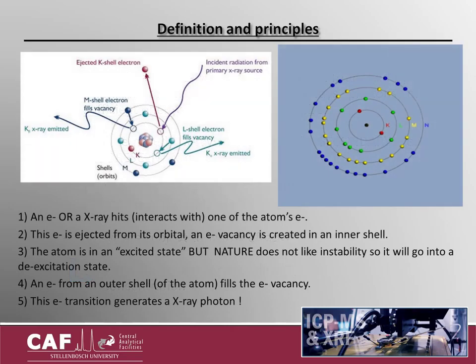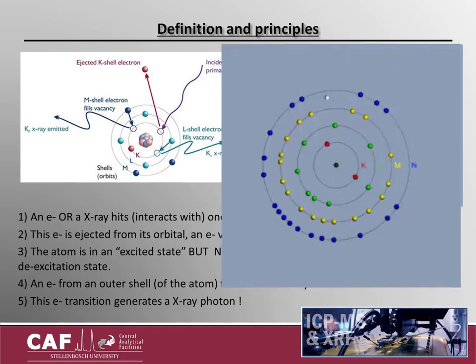An element's characteristic line spectrum is produced when an electron or X-ray photon interacts with an electron in the atom of a sample. The electron is removed from its orbital and in return creates a vacancy for an electron in the inner orbital shell. Since the atom is now in an excited state and unstable, it naturally wishes to fill the vacancy with an electron from an outer shell of the atom.